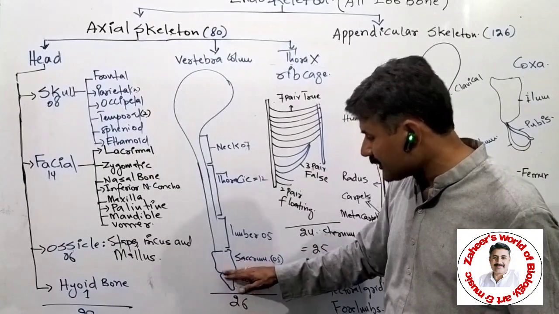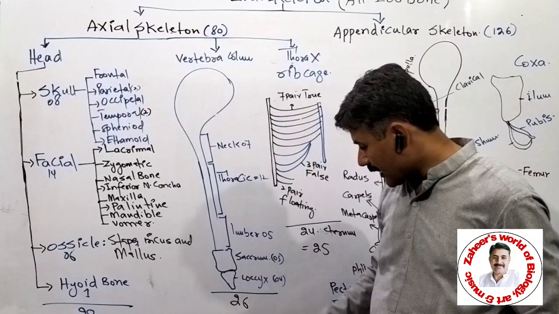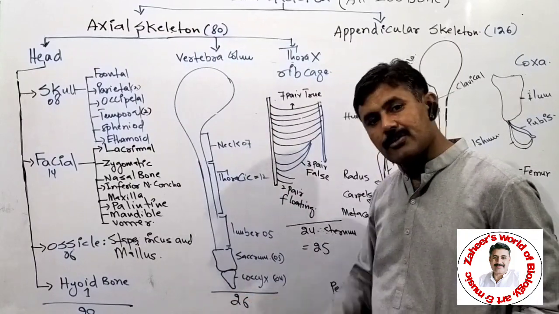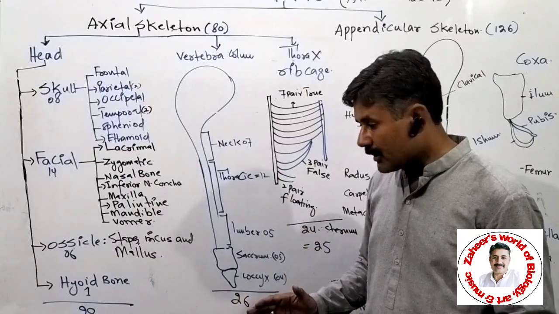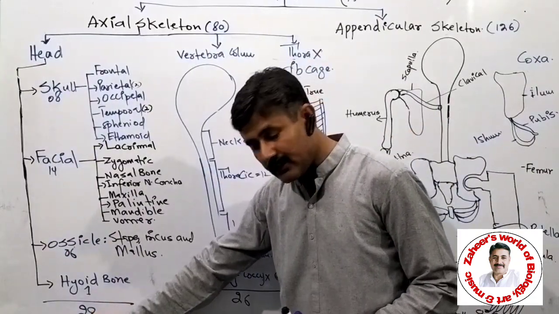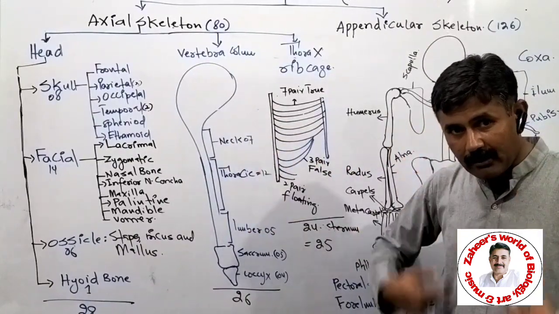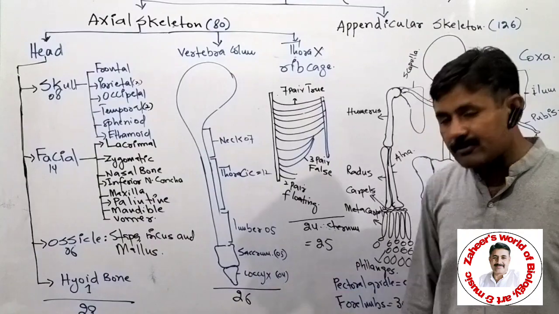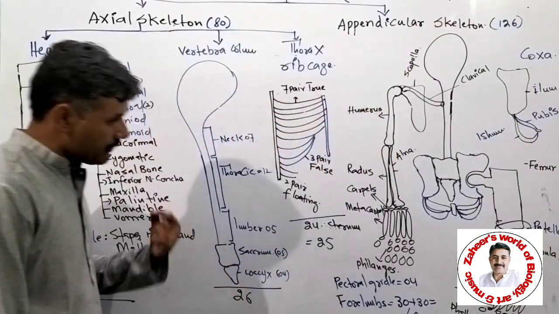Including these 2, the total number of bones in the vertebral column becomes 26. So with the 29 bones of the skull and head region, there are 26 bones in the vertebral column.